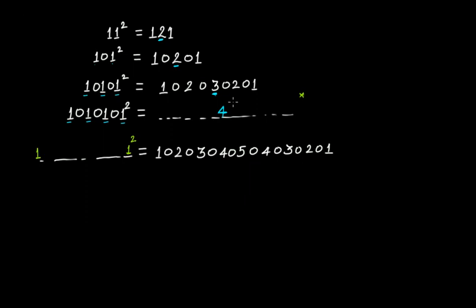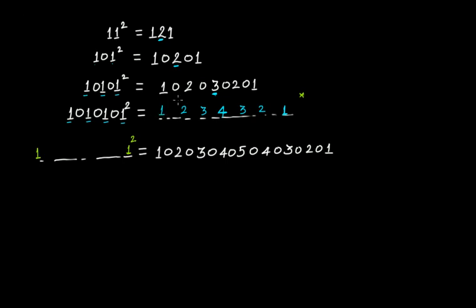Now you can see that from the maximum digit it decreases by 1 each time. 3 minus 1 is 2, minus 1 is 1. So 4 minus 1 is 3, minus 1 is 2, minus 1 is 1, right?